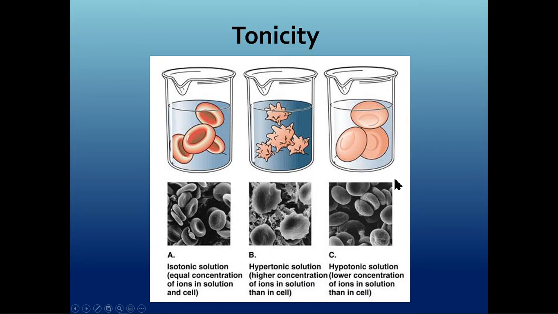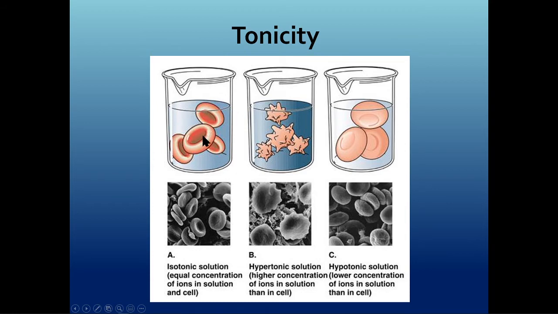So, if we're talking about osmosis, we have to understand this thing of tonicity. When we talk about tonicity, we're talking about the cell, its tone, how the force within it, if you want to look at it that way. So in an isotonic solution, if we take cells and dump them into a liquid environment, which is like your body, right?